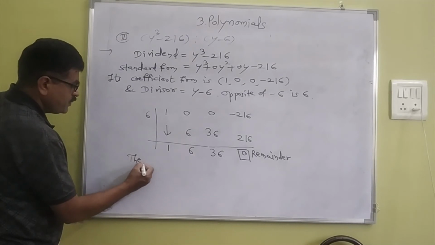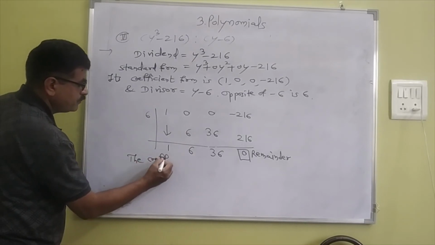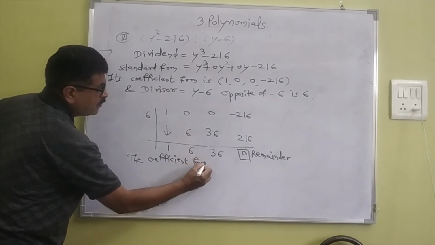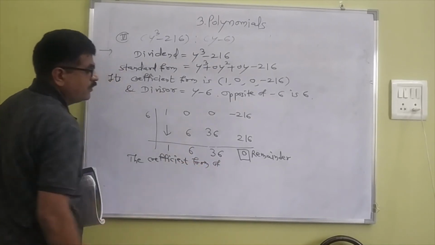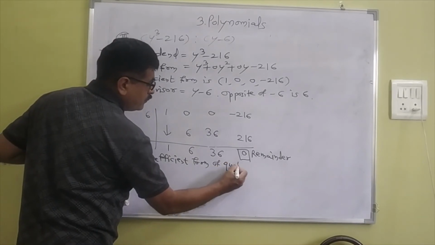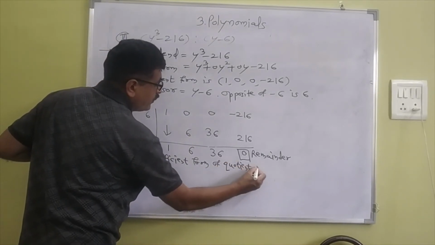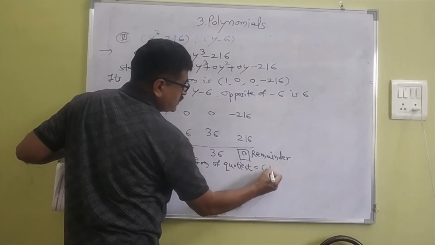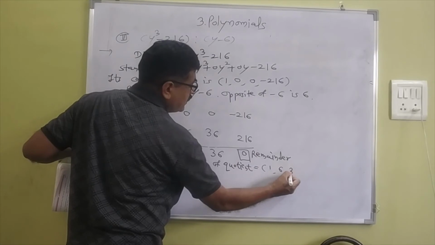Therefore, the coefficient form of quotient is equal to 1, 6, 36.